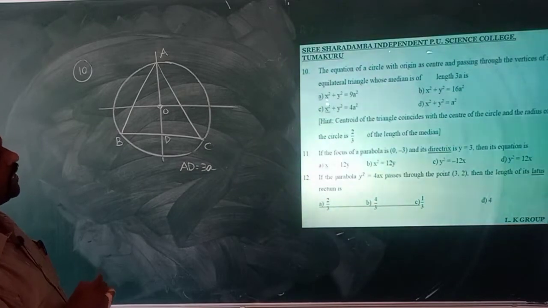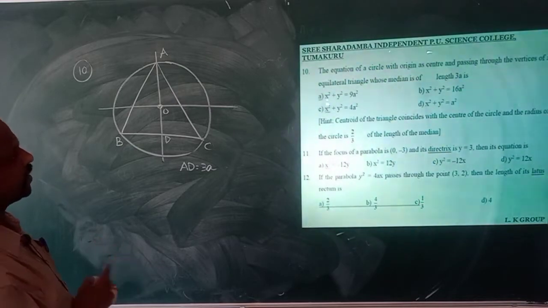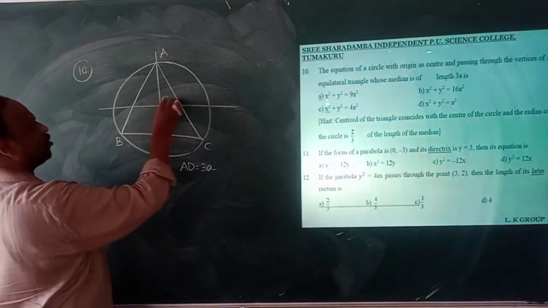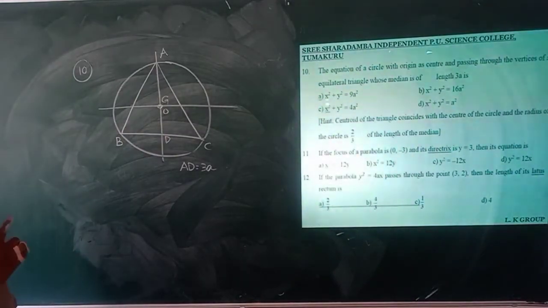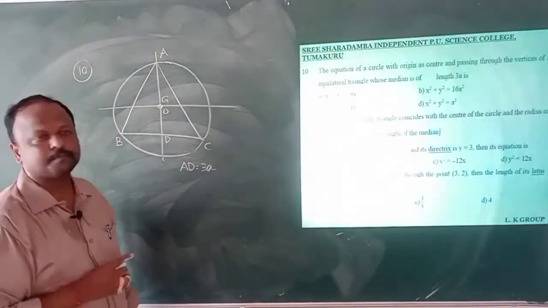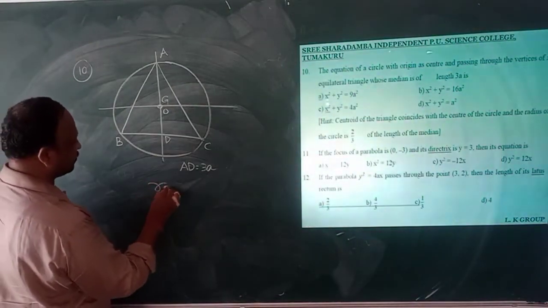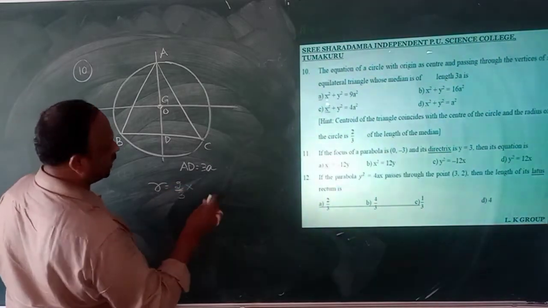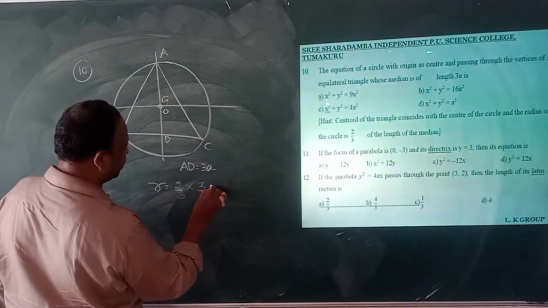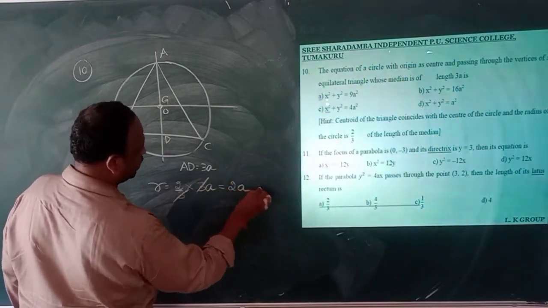Equation of circle they are asking. They have given one hint. Centroid of a triangle coincides with center of the circle. If you find the centroid for this circle, it coincides with origin, and radius of the circle is always given by 2 by 3 times length of the median. The length of the median is 3a. 3 get cancelled, you will get 2a.